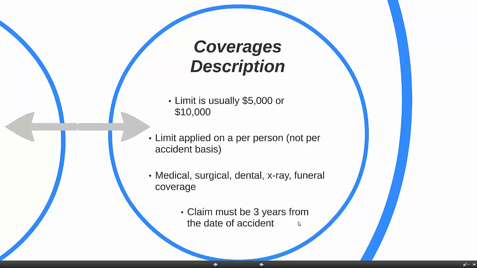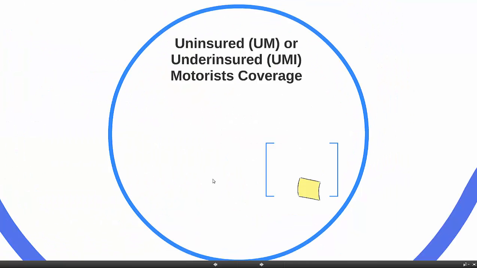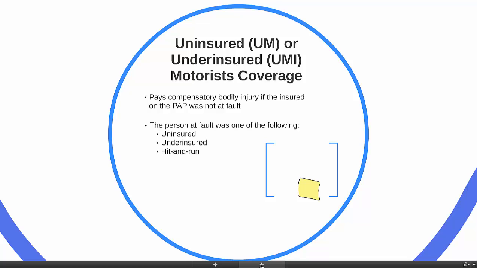But the liability coverage covers lost wages and any other kinds of legally liable damages that might arise from the auto accident, such as disfigurement benefits. But the uninsured motorist or underinsured motorist steps in where the liability insurance would, and it pays all of the same benefits. The deal is that the person at fault has to have been one of the following.